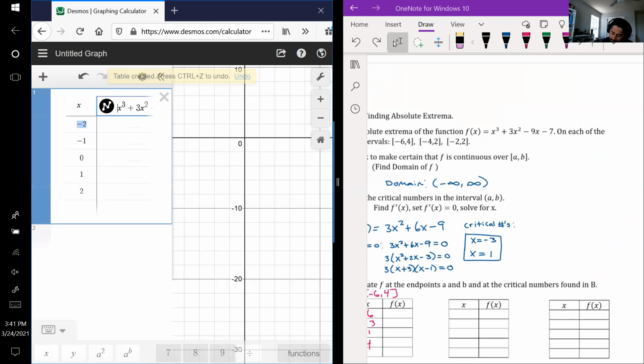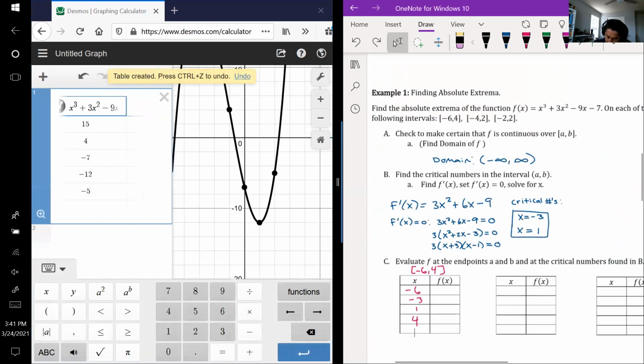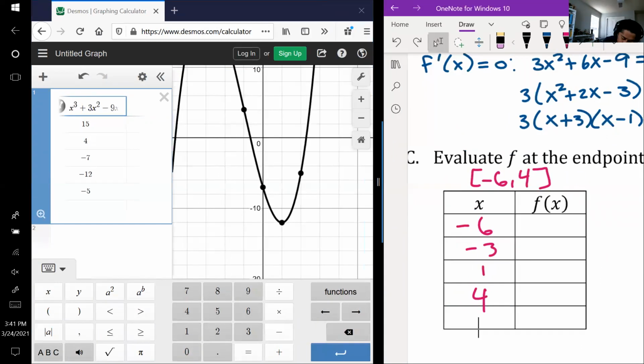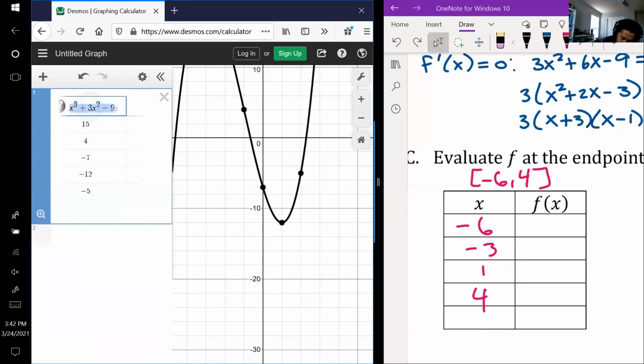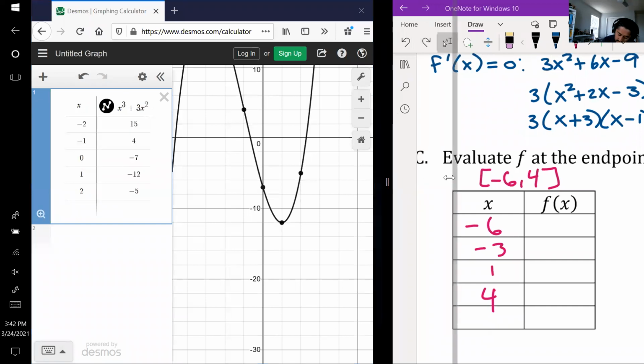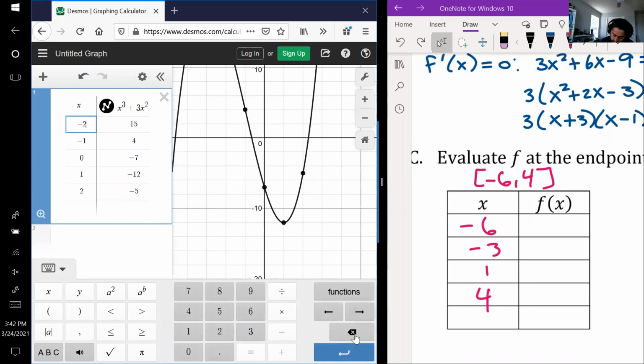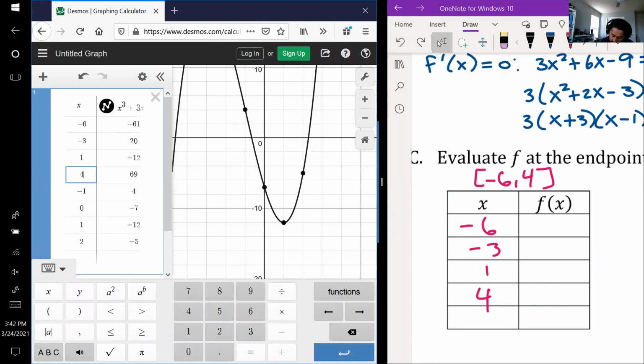Do my table feature and type in those x values. I don't know why it does that. There we go. Okay. So -6, -3, 1, and 4. And there's my x values, my y values.